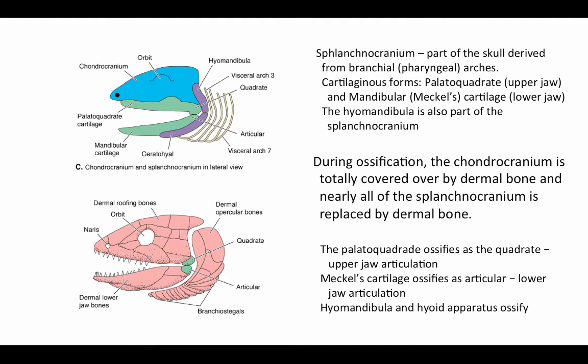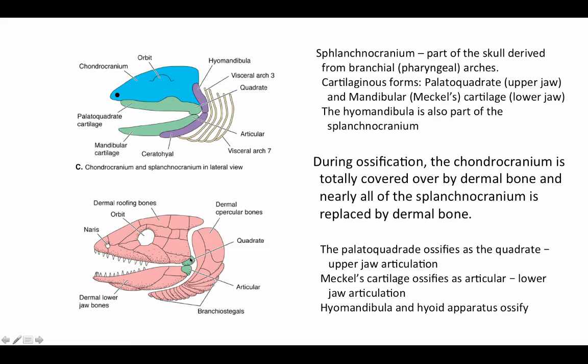So when this happens, there are two little bits of the original palatoquadrate and mandibular cartilage that survives this ossification process. So the palatoquadrate ossifies as the quadrate, which most of the time is a small little bone at the very back of the jaw that forms the articulation between the upper and lower jaw.